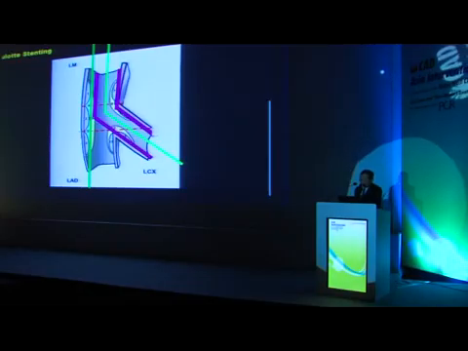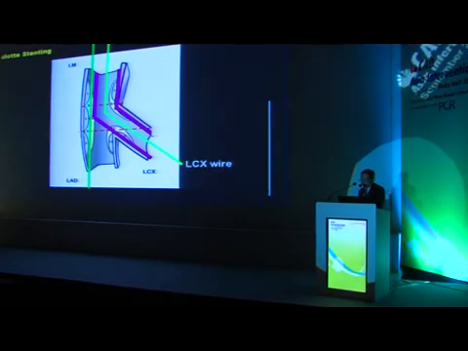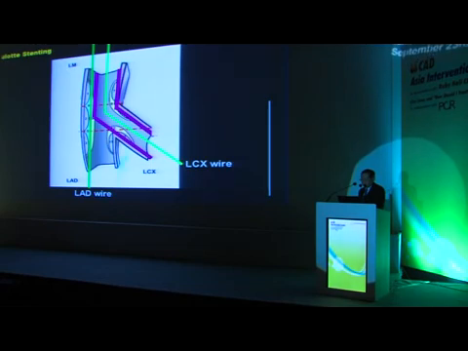Now, this is a cartoon to show the deployment of the circumflex stent. This is the LCX wire, the LAD wire. The LCX stent is sized to the size of the circumflex, here 3.5. So the proximal segment of your left main is still 3.5. There is a small gap here of 0.5, the left main being 4 millimeter.